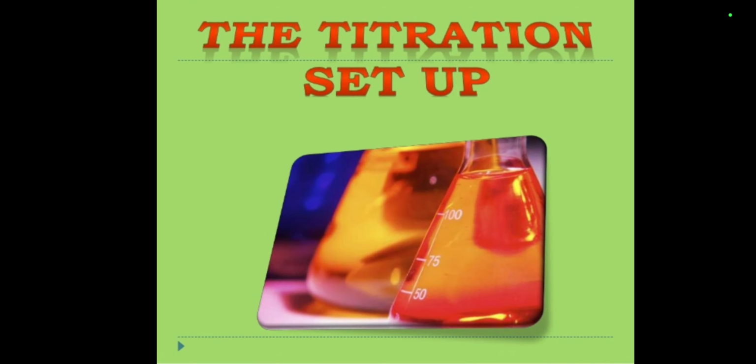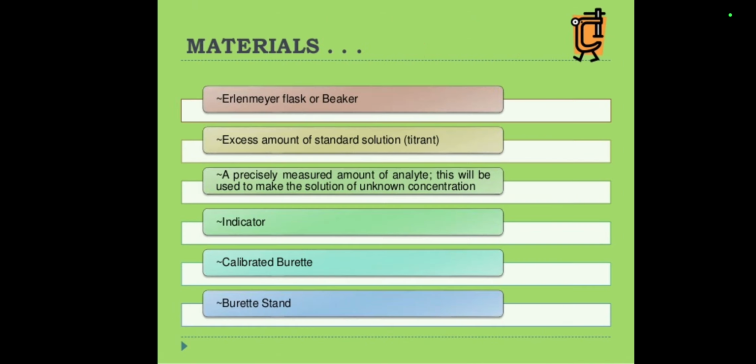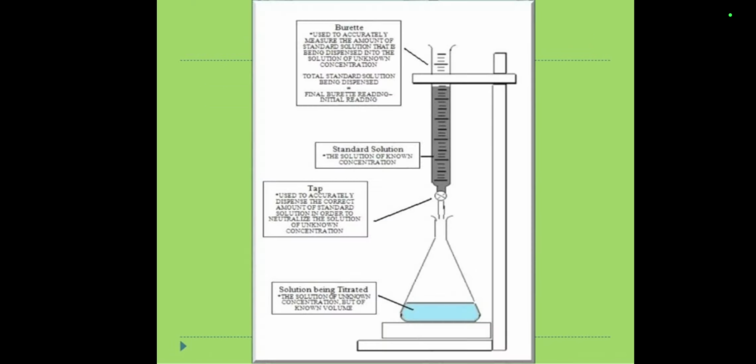Okay. So let's proceed. These are the materials for titration. I've already said this a while ago. Erlenmeyer flask or beaker, excess amount of standard solution or the titrant, a precisely measured amount of analyte. This will be used to make the solution of unknown concentration. Indicator, calibrated burette and burette stand.